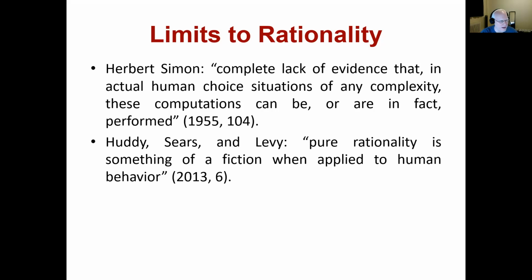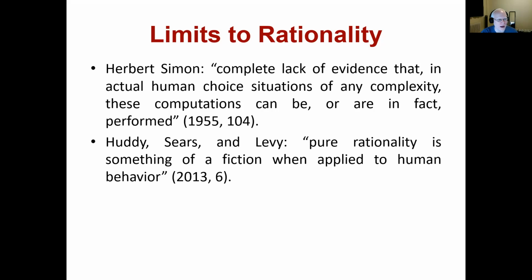So Herbert Simon, writing back in the 1950s, a prominent political scientist, economist, psychologist, who did a little bit of everything, shown in work by Herbert Simon. This, even though from 1955, has been found to be true.